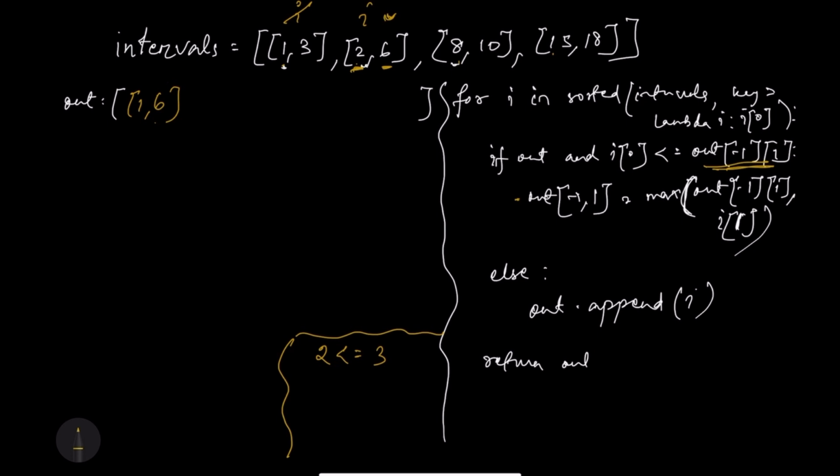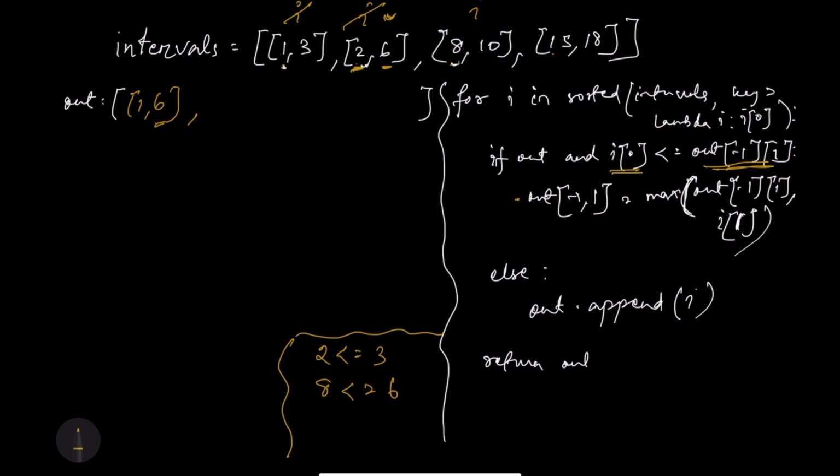Now there will be another round, like our i will be shifted here. Now we have to check again if output is there. Yes, it is there. Then we have to see if our i at 0, which would be 8, is smaller than or equal to our output's last, that is 6. So 8 is not smaller than or equal to 6.